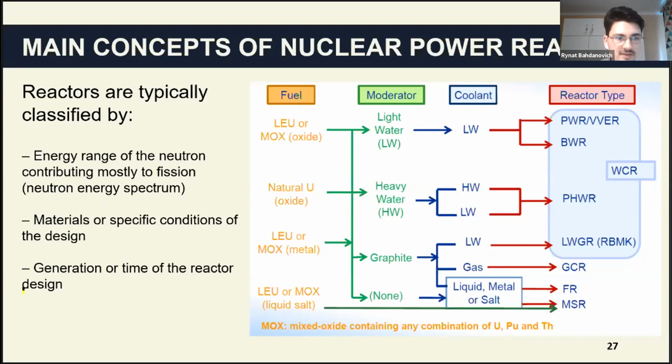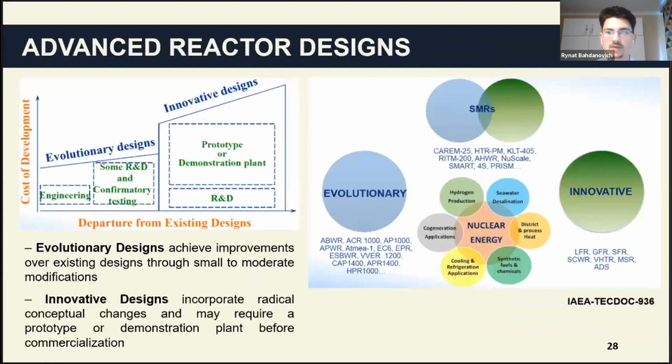The next classification is by generation or time of the reactor design. I also talked about it a few slides ago. According to the IAEA, there are two types of advanced reactor designs: evolutionary designs and innovative designs.